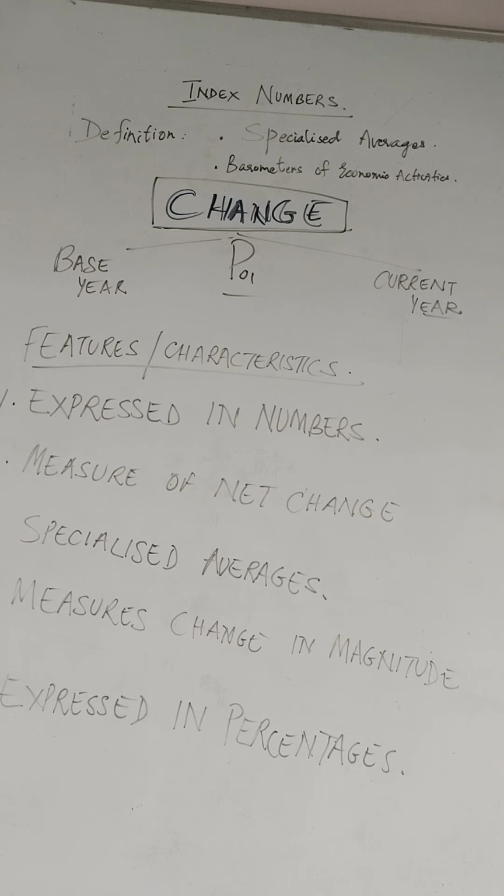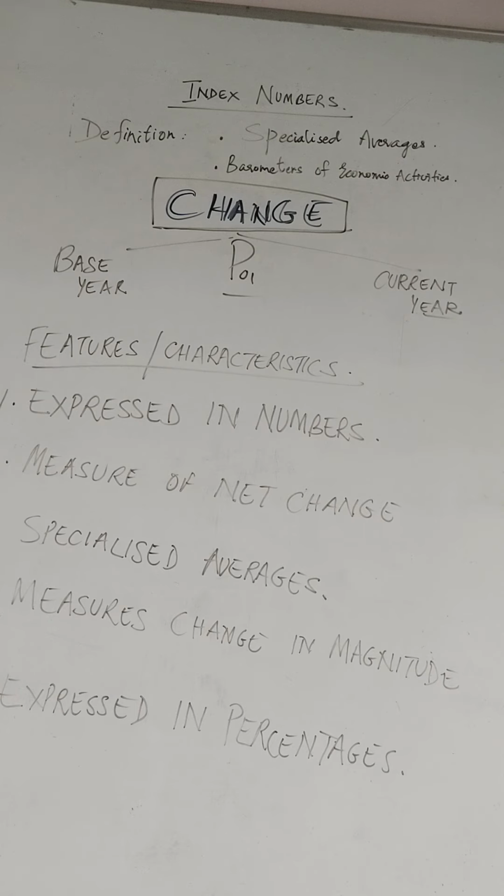Once again, let me repeat that index numbers are expressed in percentages. The changes in magnitude of a group are expressed in terms of percentages which are independent of the units of measurement.